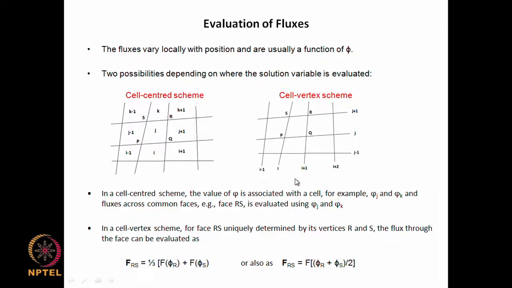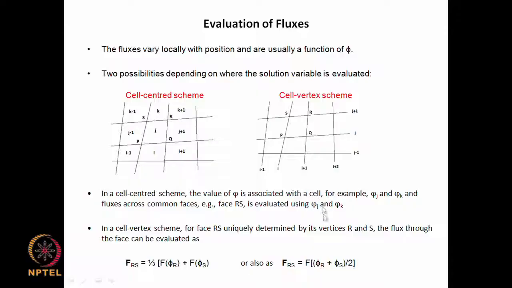So, how do you evaluate consistently the surface fluxes through the faces? Either make use of the two vertices that together define the surface in this case, or the two cells which share this common face in this case. If you make use of those to evaluate it, then it will be correct.